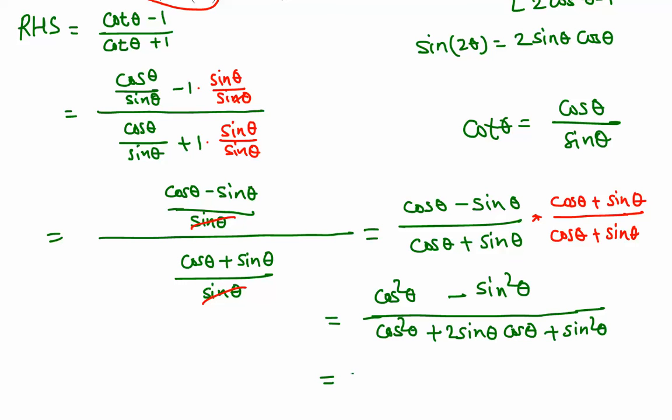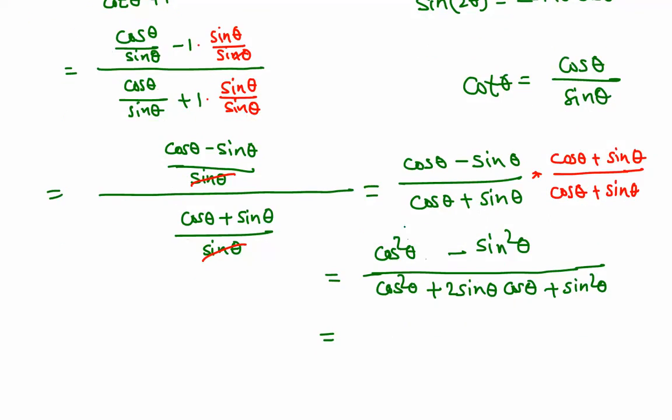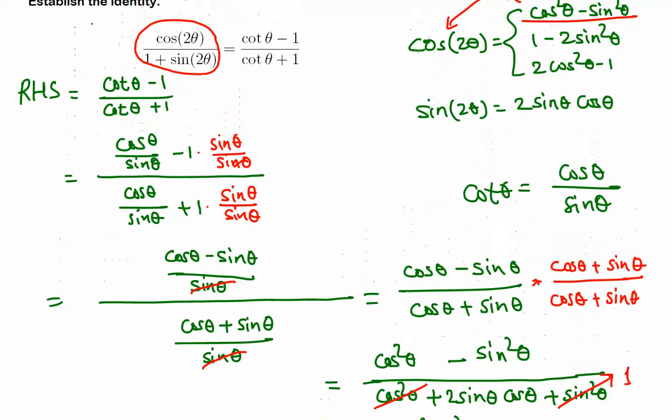In the next step, the top is, by the way, cosine squared minus sine squared, that's just cosine 2 theta, all over the bottom, where we have cosine squared plus sine squared. We know the formula. Cosine squared plus sine squared is just 1 collectively. That's 1 here. And 2 sine theta times cosine theta, that's exactly the formula of sine 2 theta.